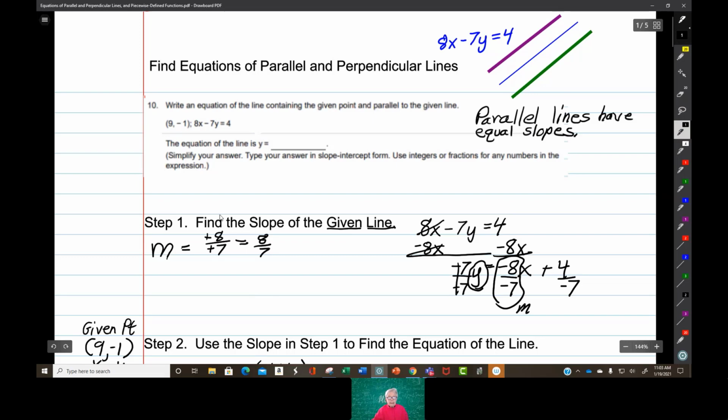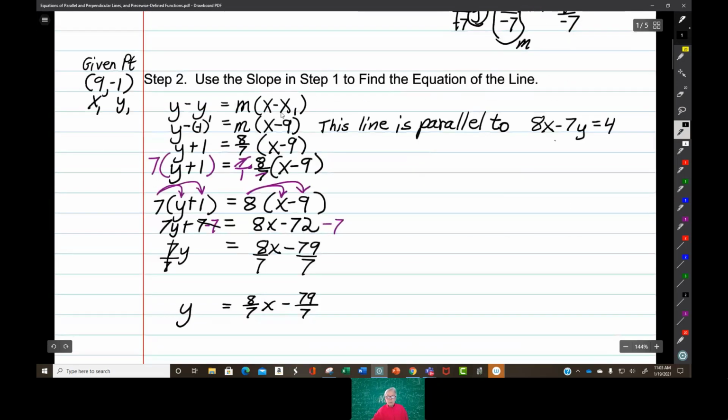That's why this process is faster. You find the slope of the given line and you just use that in your point slope formula. There's no worries about reciprocals or anything else. You just set up your point slope formula like you always would. And if you don't remember it, here it is. I always write it first because that helps me put numbers in the right place.